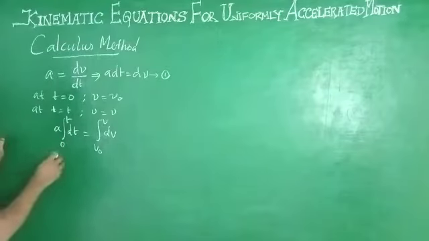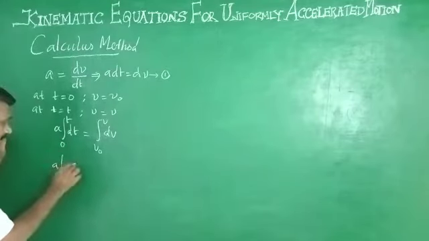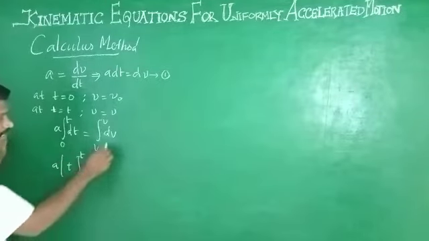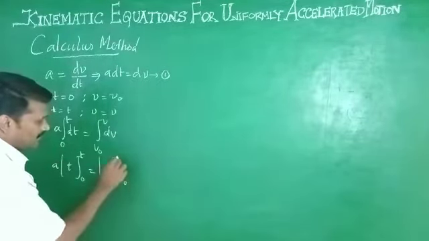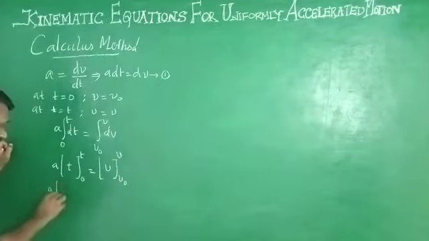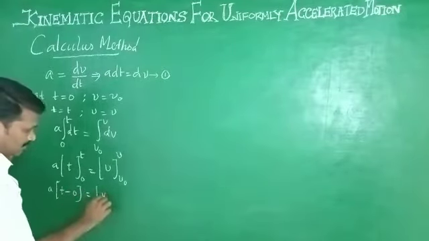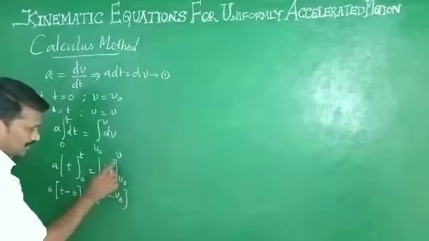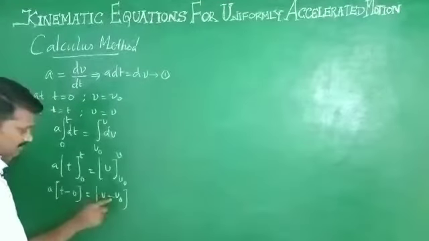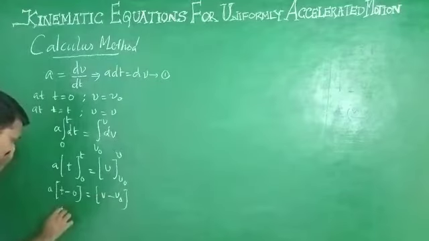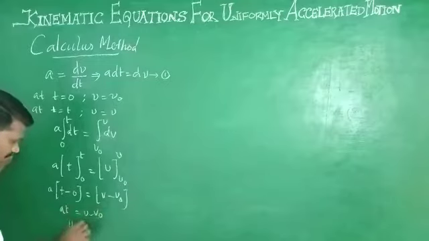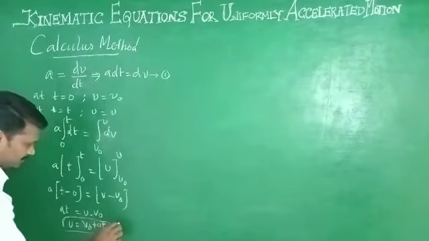If you integrate both sides, integral dt equals t, with lower limit 0 and upper limit t, and integral dv equals v, with lower limit v naught and upper limit v. Substituting the limits, upper limit minus lower limit, we get a(t minus 0) equals v minus v naught, or v equals v naught plus at. This is the first equation of motion, equation number 1.